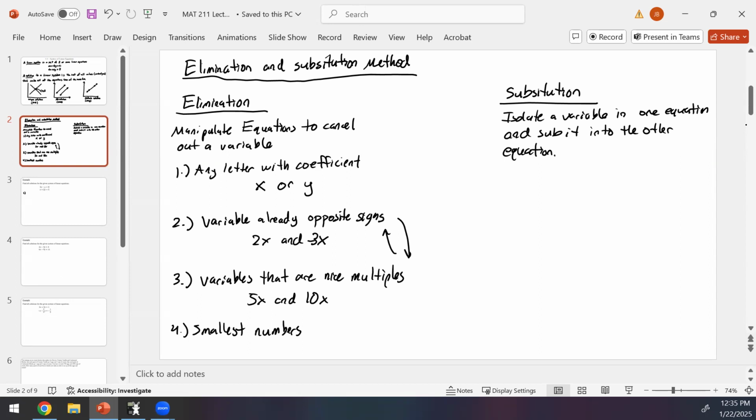So then the question becomes, okay, which variable do I pick? It's kind of the same idea, right? So the first choice would be any letter already isolated. Sometimes you will get equations where one of the equations is just like x equals 10, right? That's already isolated for you, okay? And if that's not true, then any letter with coefficient 1.